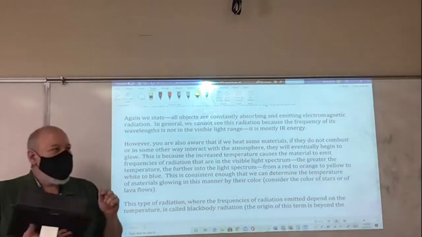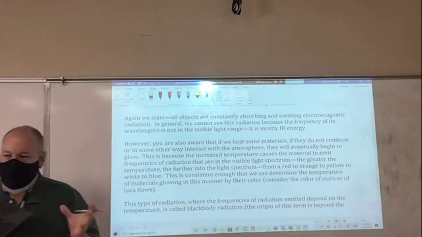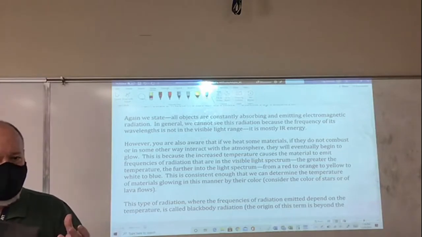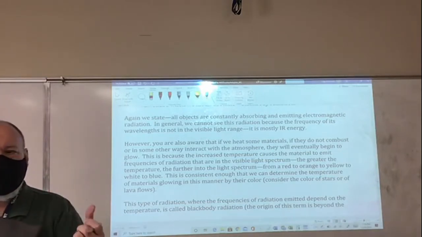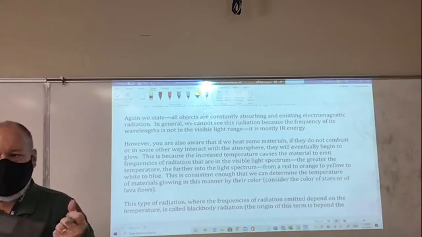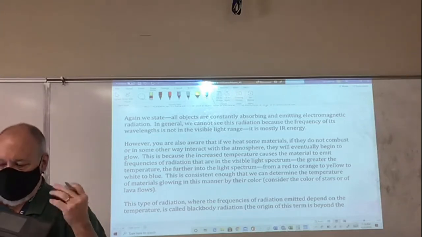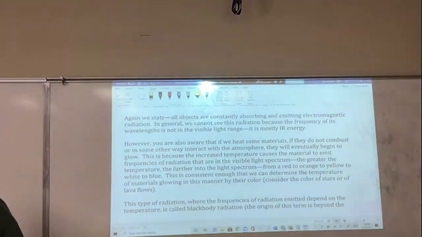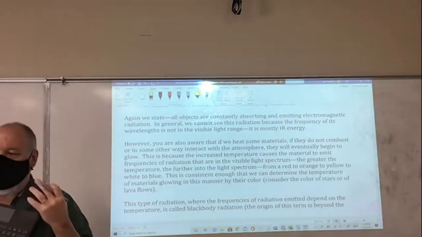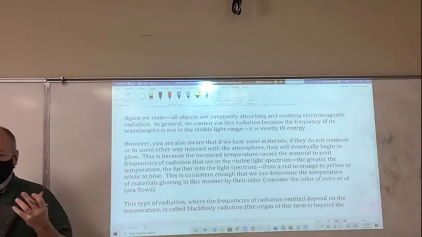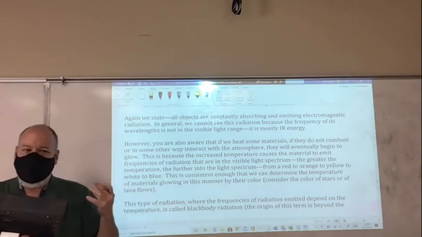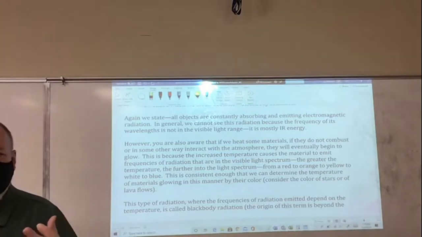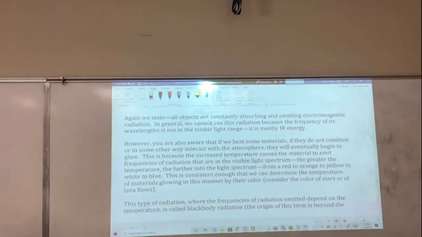And again, it's because as those particles start to smack into each other at greater forces, when one of those particles loses its energy, it's going to be at a high enough energy that the energy lost is something we actually start to see as that reddish color. So the first thing that we see when something starts to glow is that reddish color, because that's the lowest energy end of the visible light spectrum.